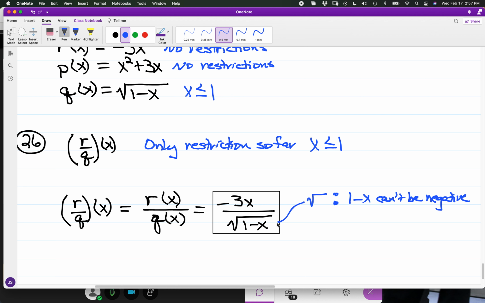But also, okay, now Q of x, x is less than or equal to 1. That would be its only restriction if Q of x were given in direct fashion. But since Q of x is in the denominator, 1 minus x cannot be 0 either.